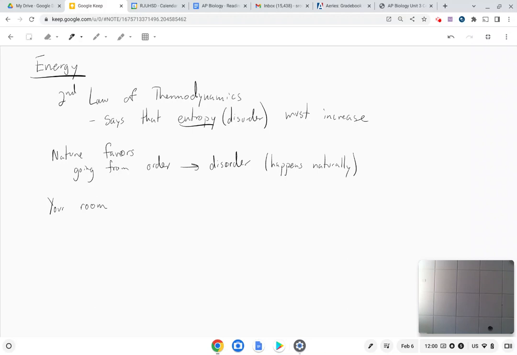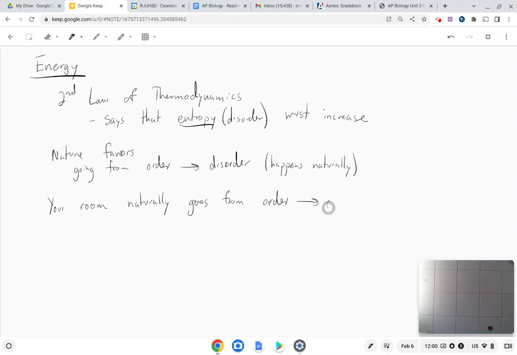What is the tendency of your room, your bedroom? Is the tendency for it to go from being ordered to disordered or disordered to ordered? Like, what is it just naturally doing? You got to fight against it, don't you? So your room naturally goes from order to disorder.